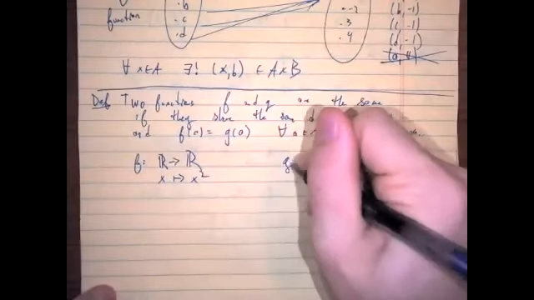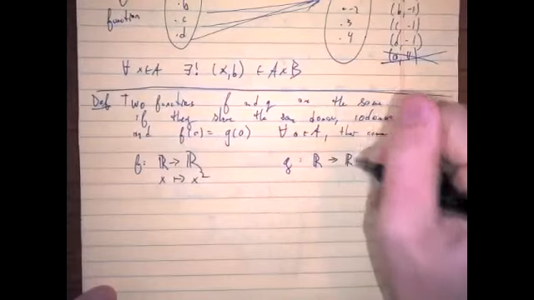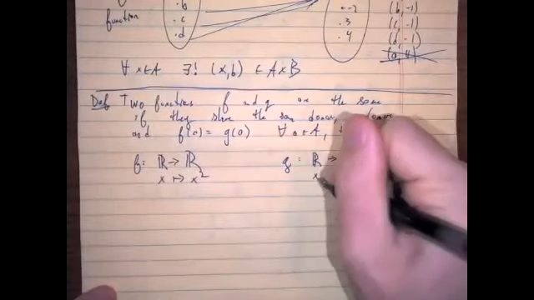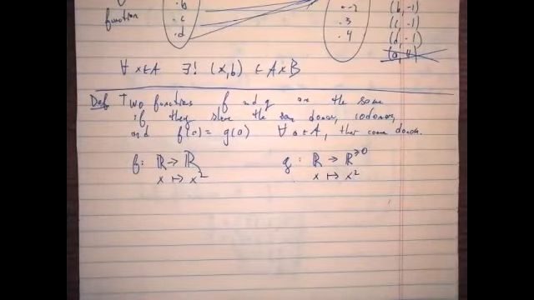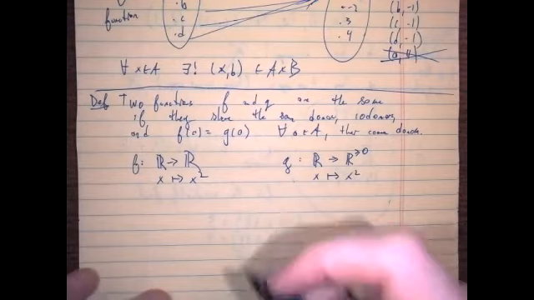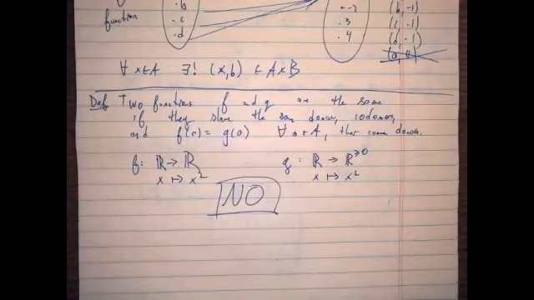Is this the same function as g, the function from R to R greater than or equal to 0, x maps to x squared? No, these are not the same function. Why are they not the same function?